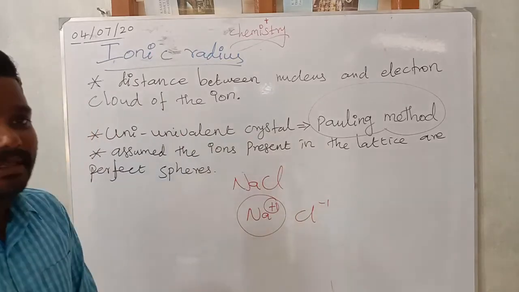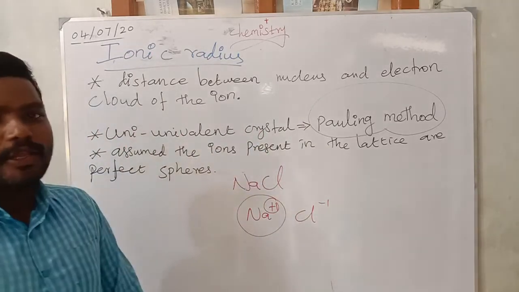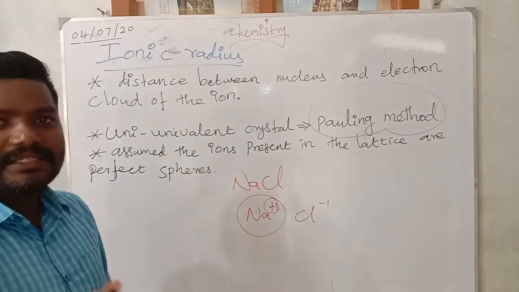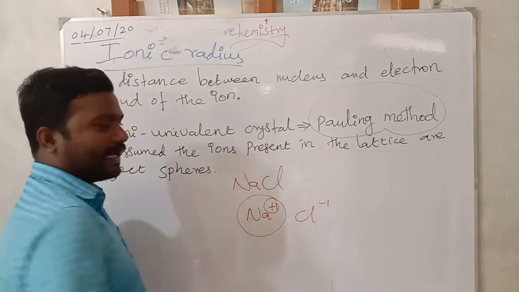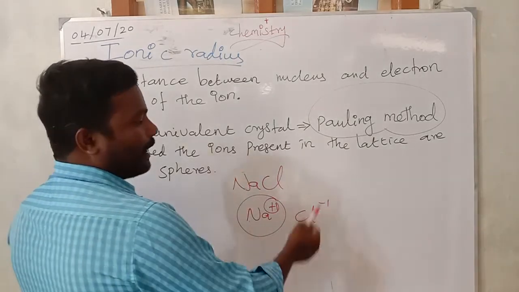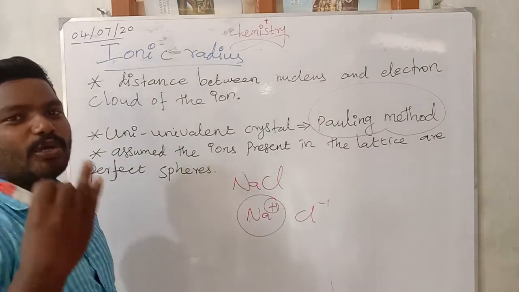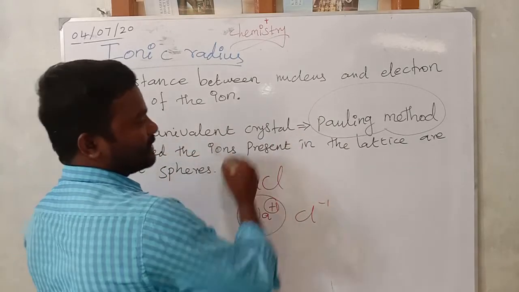That's why it is an example for a univalent crystal. Uni means 1. The valency of the ion is 1, so that is a univalent ion. Both the positive and negative ions, cation and anion, have plus 1 and minus 1. That is called a univalent crystal.